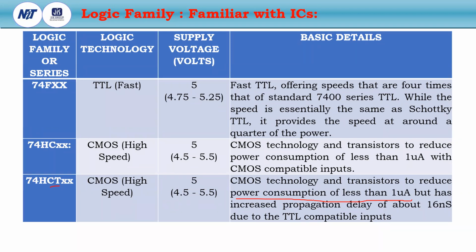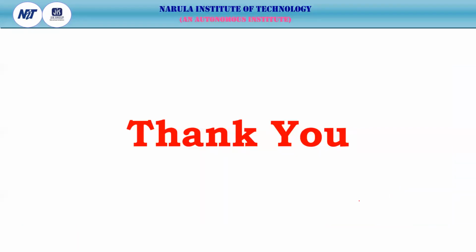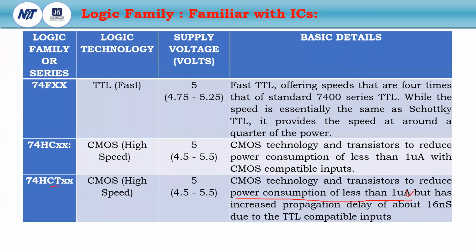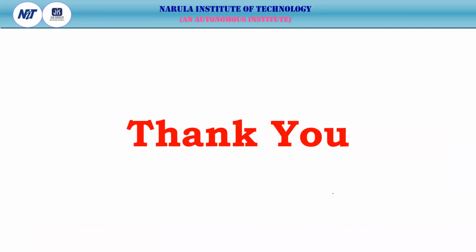This should be the power delay product, and this is actually current. It should be microwatt. Okay. So the power consumption is less than 1 microwatt, but propagation delay is about 16 nanosecond. So these are all about the basic introduction of the digital logic families.